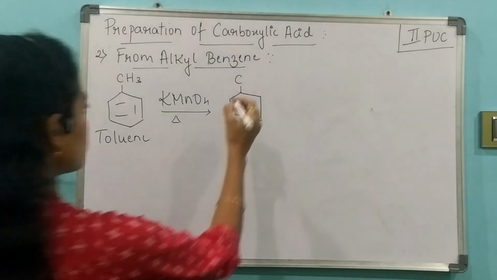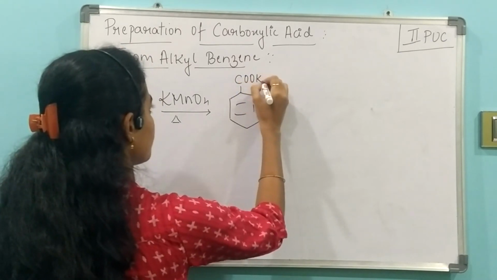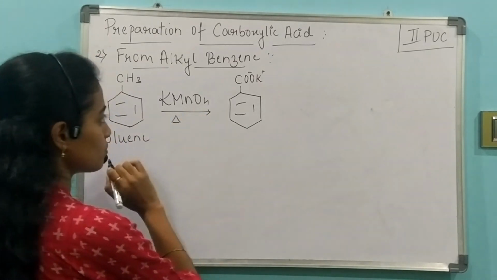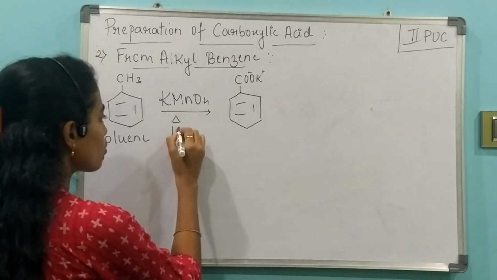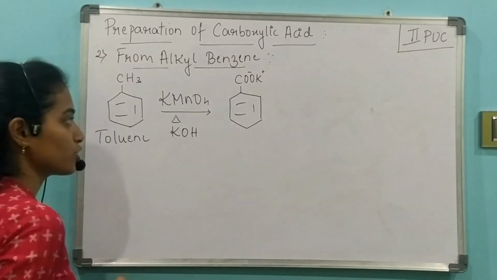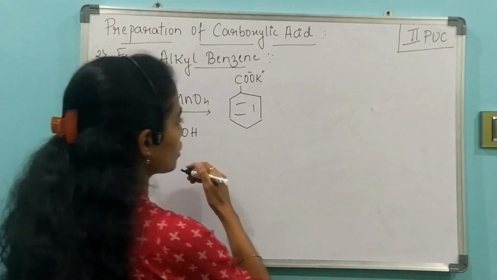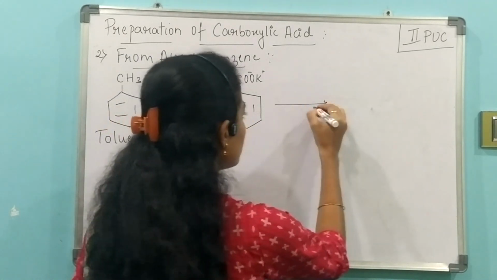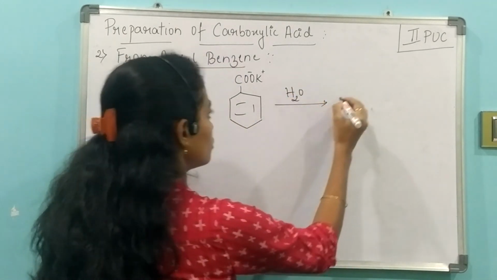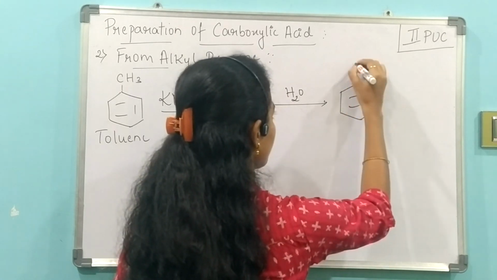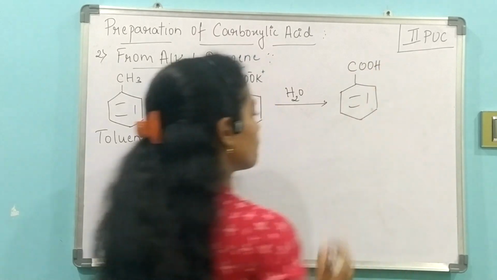So we are converting toluene into potassium benzoate by using the strong oxidizing agent potassium permanganate in presence of basic medium, that is potassium hydroxide, and by applying heat. After this, you have to just hydrolyze this so that you will be getting a benzoic acid.